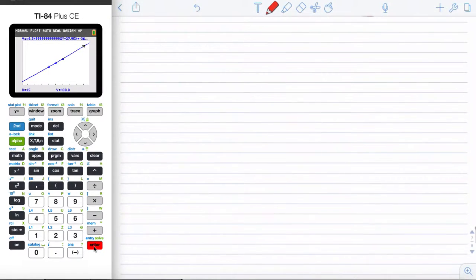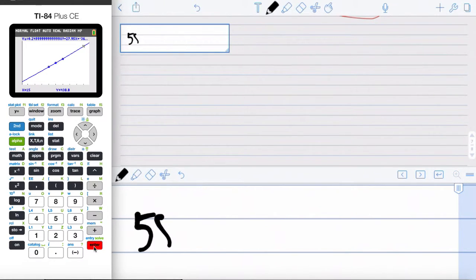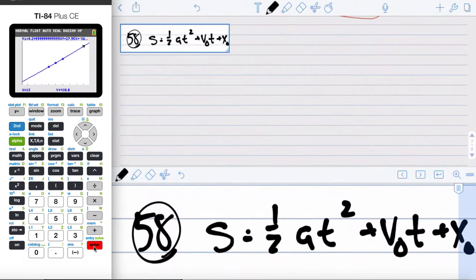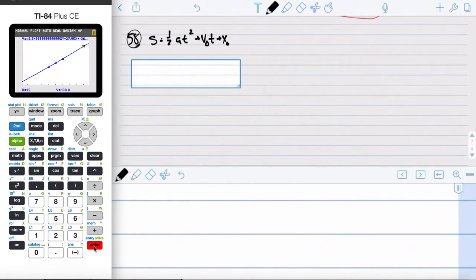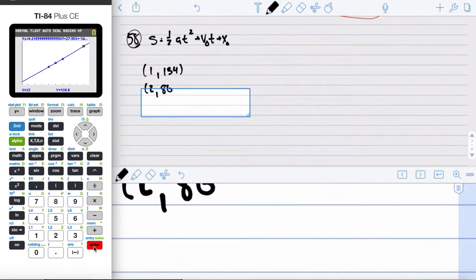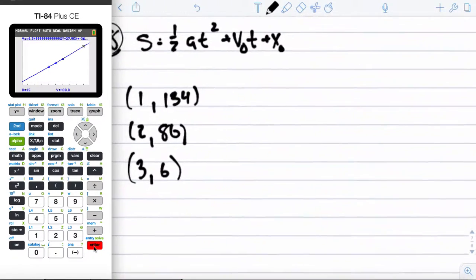Okay, moving on to 58. 58 gives us our vertical motion formula, which is S is equal to 1/2 A T squared plus V naught T plus X naught. And they give us points of T and height. T is equal to 1 and 134, 2 and 86, and 3 and 6. So I take that and I plug it in.